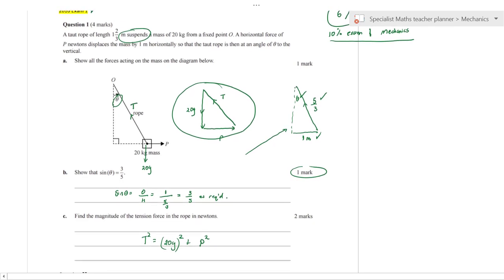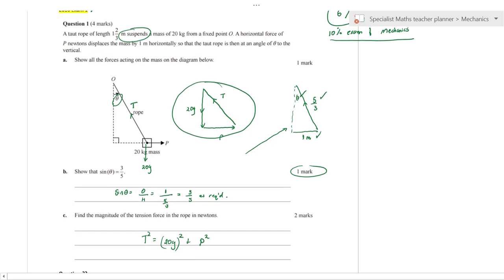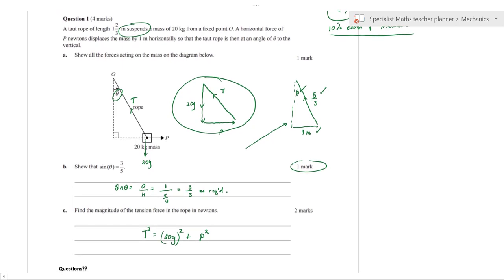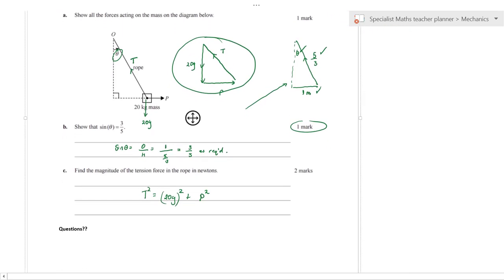We know T. What I'm thinking is we need to be very careful.